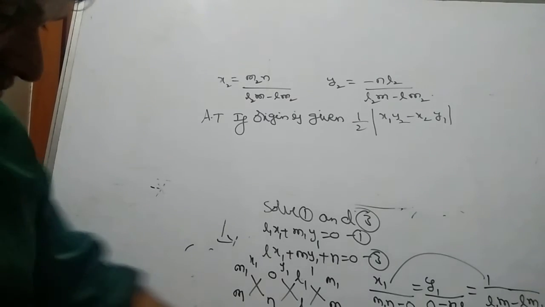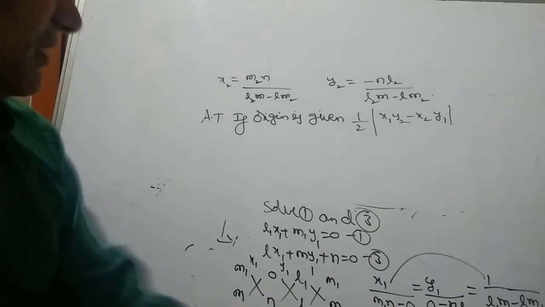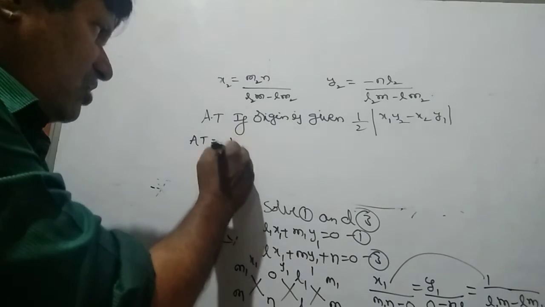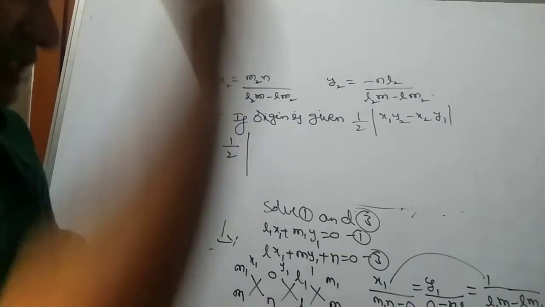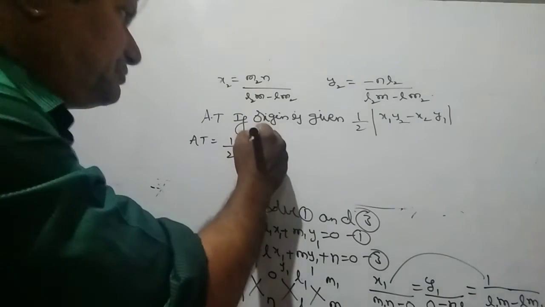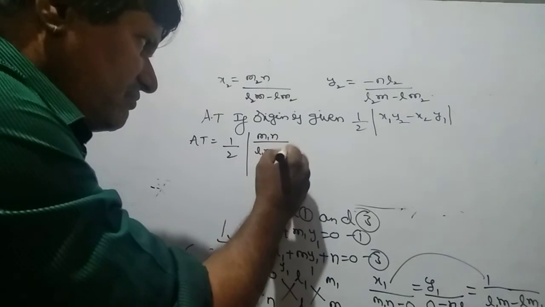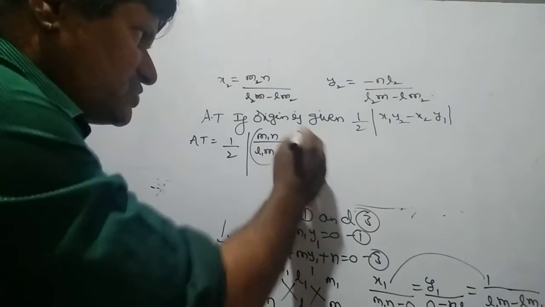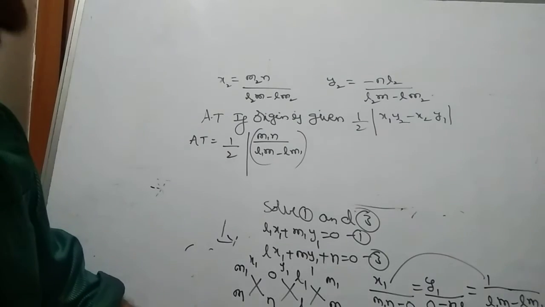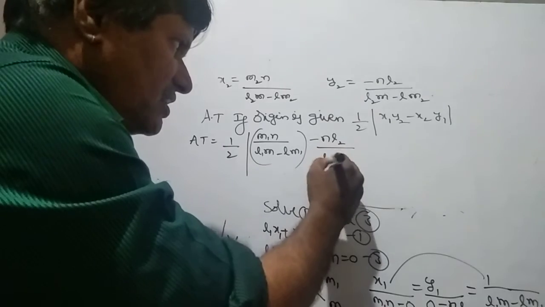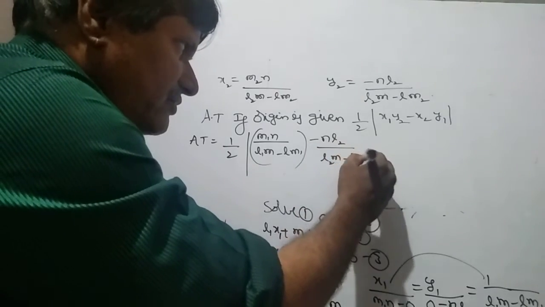Half mod, this is the formula. Here, the important point: area of the triangle is equal to half mod of x1 y2 minus x2 y1. Here x1 is m1n by L1m minus Lm1, and y2 is minus nL2 by L2m minus Lm2.